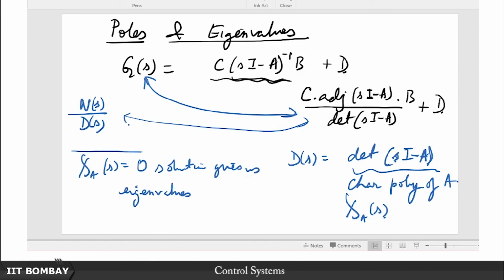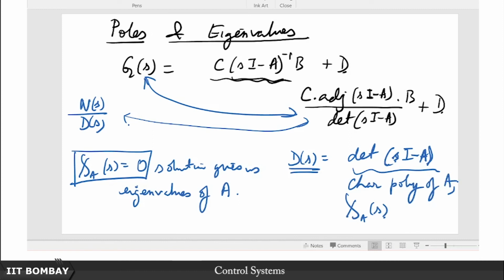If you want to evaluate the eigenvalues of a matrix A, you need to solve for the roots of the characteristic polynomial. So these are the eigenvalues of A. The roots of chi A and the roots of D(s) have some connection certainly. In fact, it appears at the present moment that they must be one and the same.